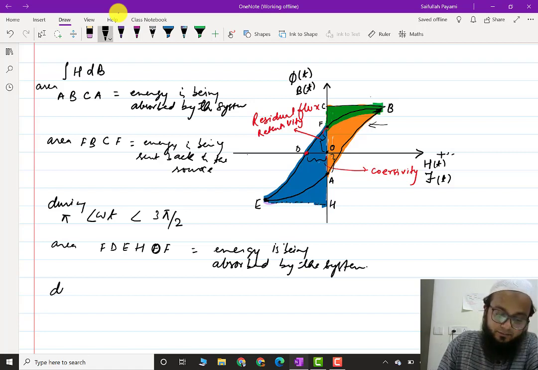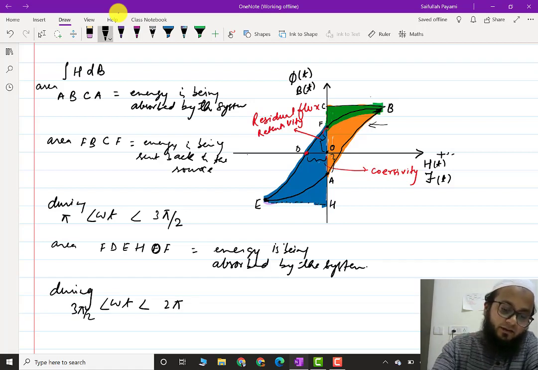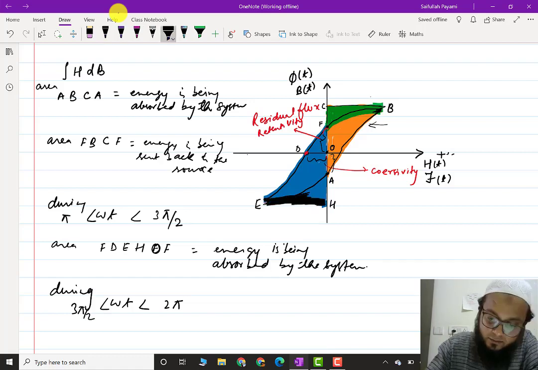And during omega t greater than 3 pi by 2 and less than 2 pi, we have this area. The energy equivalent to this area is being sent back to the source.